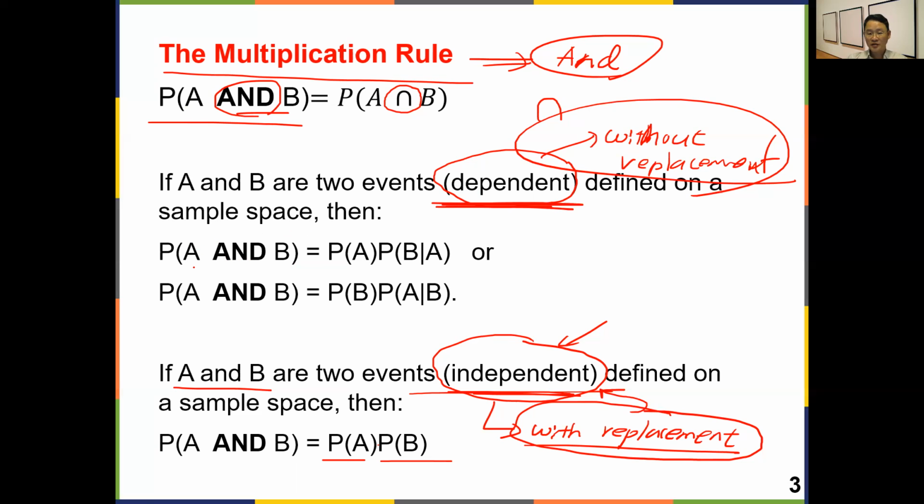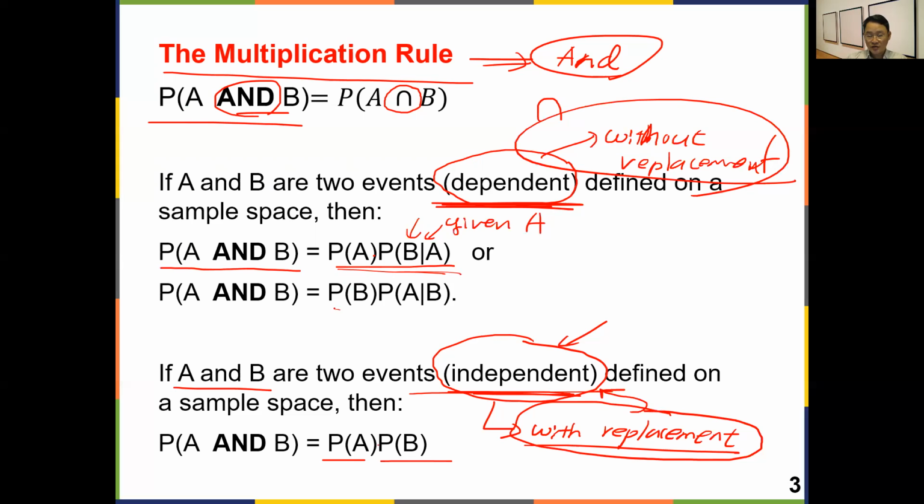If they are dependent, how do you calculate probability of A and B? Well, you calculate it like that: probability of A times probability of B given A. We have to have this condition, given A. But as you can see, this is not the only way to do this.